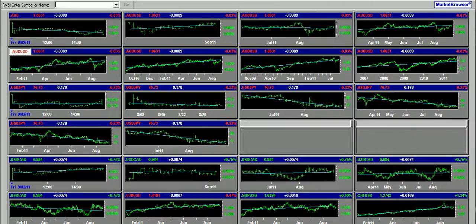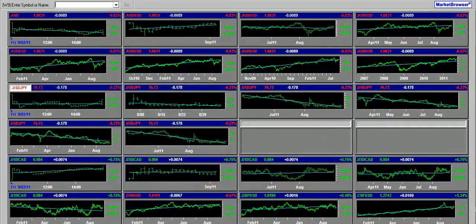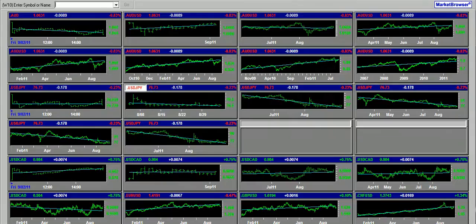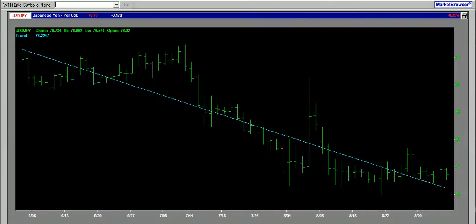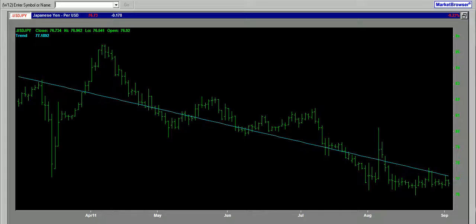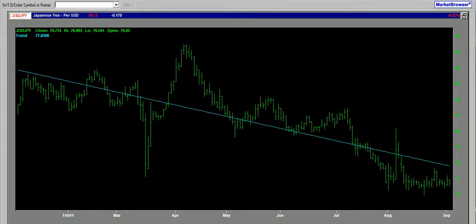And vice versa, if we went to the US dollar JPY, we saw the trend was a little bit flat in the 10-minute frame. The trend was down in the 1-month, down in the 3-month time frame, down in the 6-month time frame, and in the 12-month it was down.